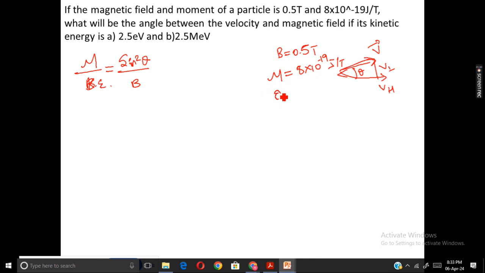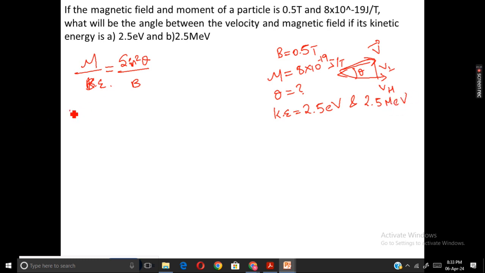What will be the angle theta between the velocity and the magnetic field, if the kinetic energy is 2.5 electron volt and 2.5 mega electron volt?